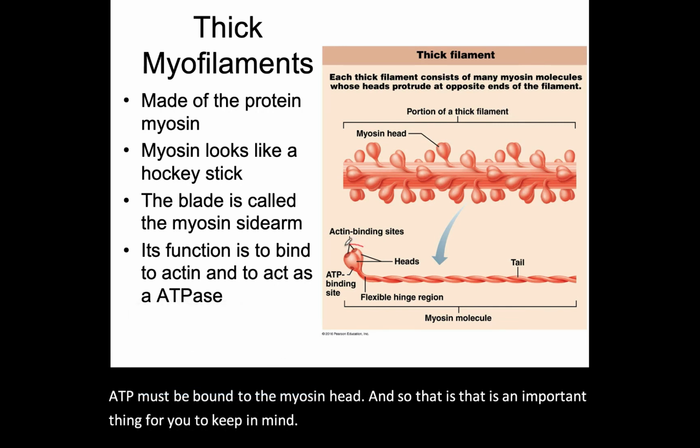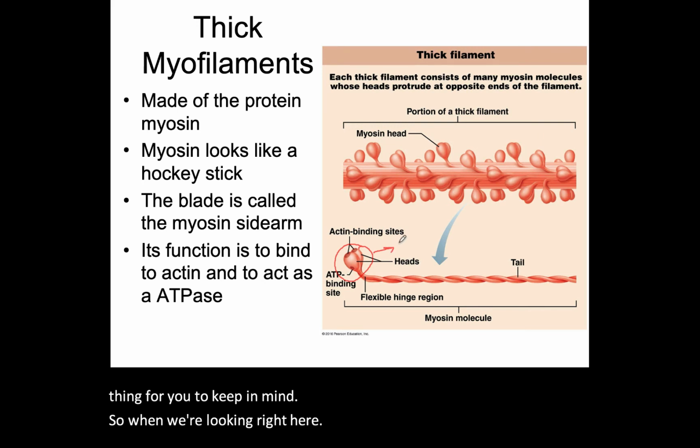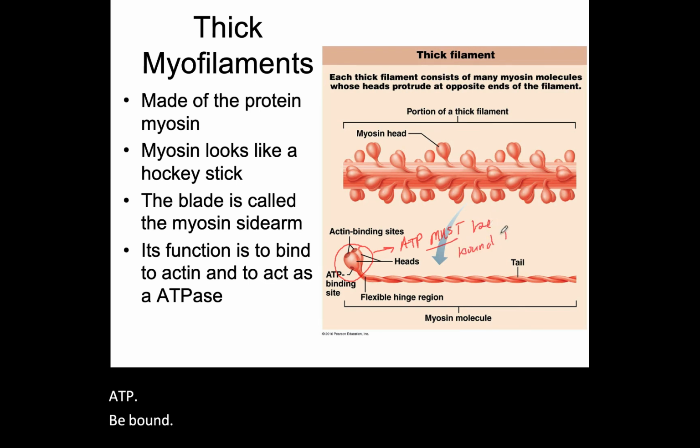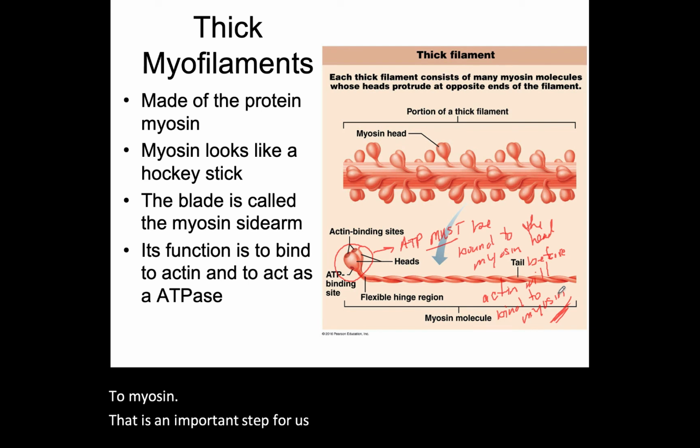So when we are looking right here, ATP must be bound to the myosin head before actin will bind to myosin. That is an important step for us to keep in mind.